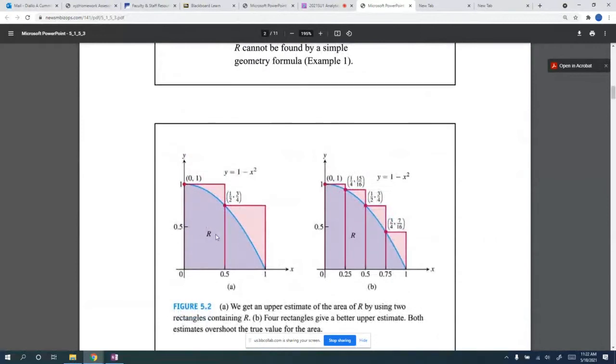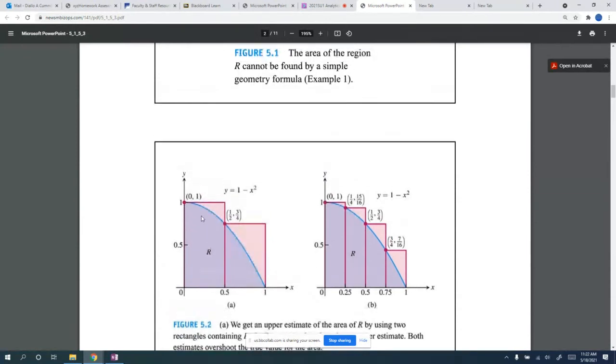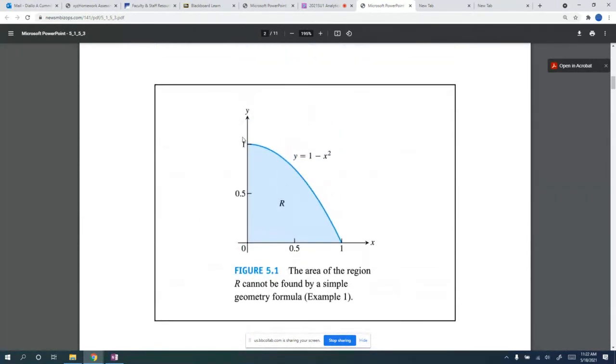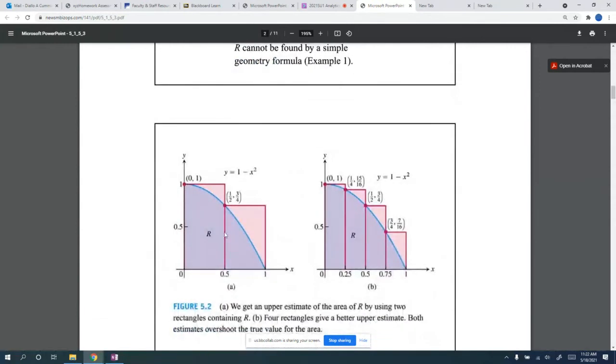If we look at these two figures, this first figure is the curve we were looking at earlier, and its area is being estimated by two rectangles. These rectangles are considered to be an upper estimate.